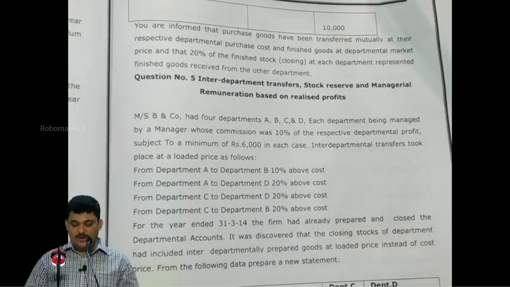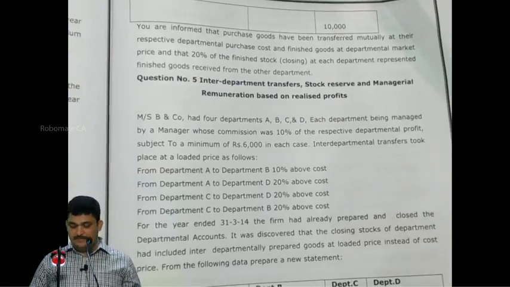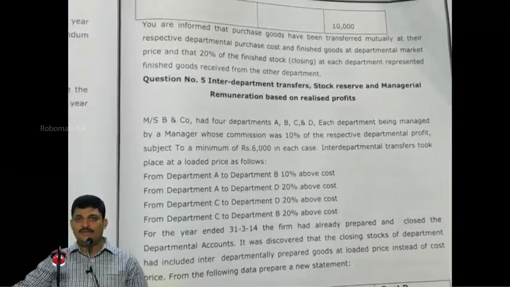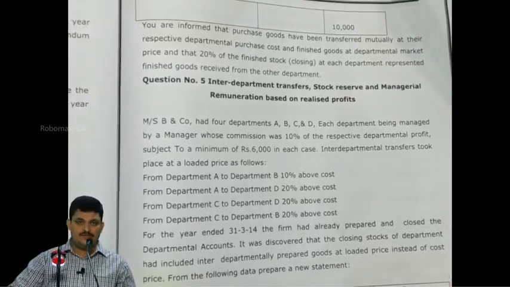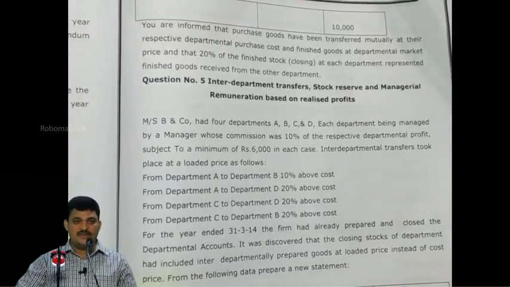Messrs. B and Co. had 4 departments A, B, C and D. Each department being managed by a manager whose commission was 10% of the respective departmental profit, subject to a minimum of rupees 6,000 in each case.